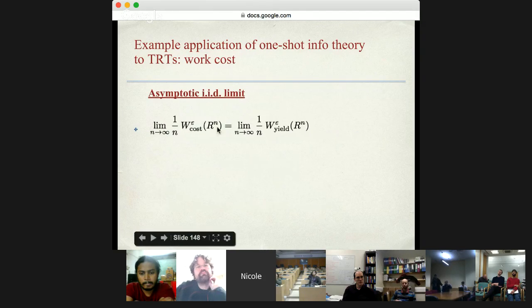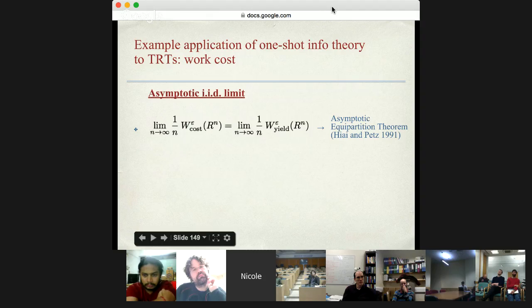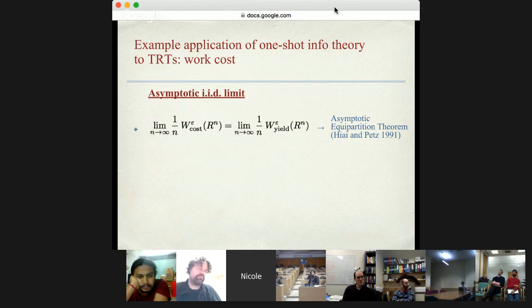If we take this limit, so we start off with, let's say, the work cost of creating this very large state, epsilon approximately. I said we're interested in the average per copy, and we take this asymptotic limit. The limit of this work cost approaches the limit of the work extractable. Both of those we can calculate by substituting into formulas like the ones that I presented earlier.